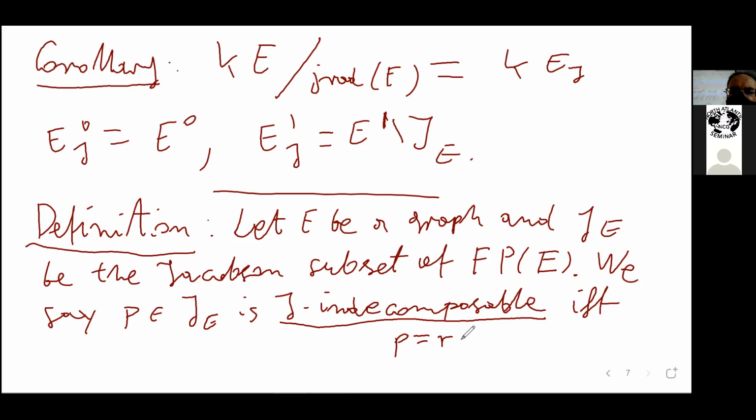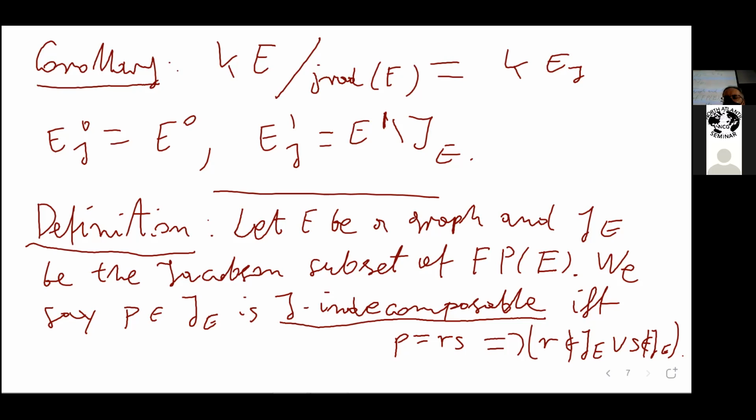If P is equal to RS, then it implies that either R or S is not in the Jacobson subset. Okay? So that's the definition. If I can decompose my path into the concatenation of two subpaths, then at least one of these subpaths must be beyond the Jacobson set.